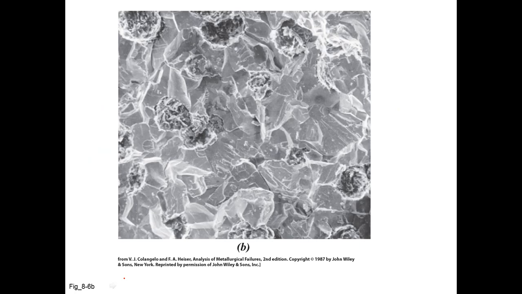And this is an actual micrograph showing a transgranular failed surface. Little plastic deformation is apparent because we've got these smooth surfaces, which is an indication of brittle fracture, and also that we're cutting through the grains.